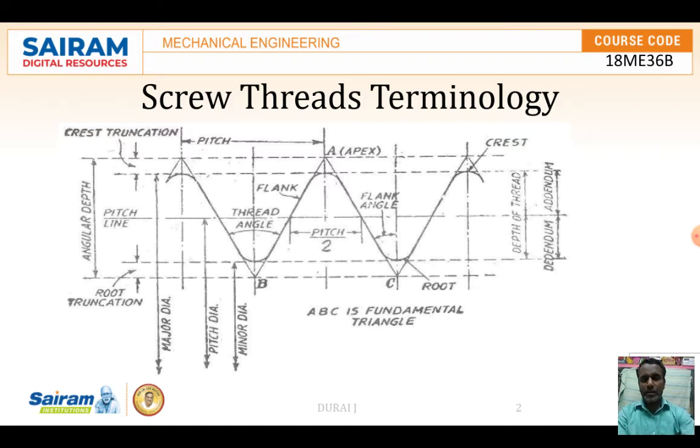One thing you remember, we always get confused: the root is the bottom one, and the crest is the outer one. So the distance between crest to root is the flank, the tapered surfaces. So this is about the flank.